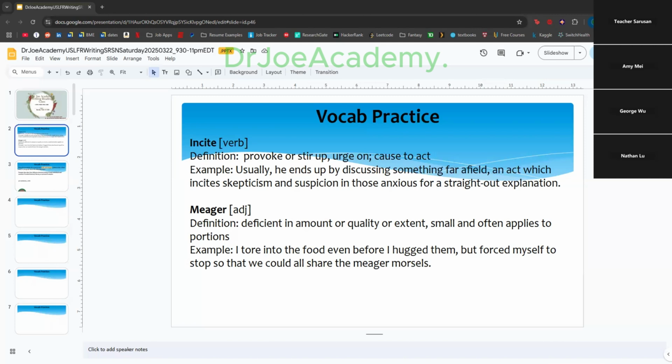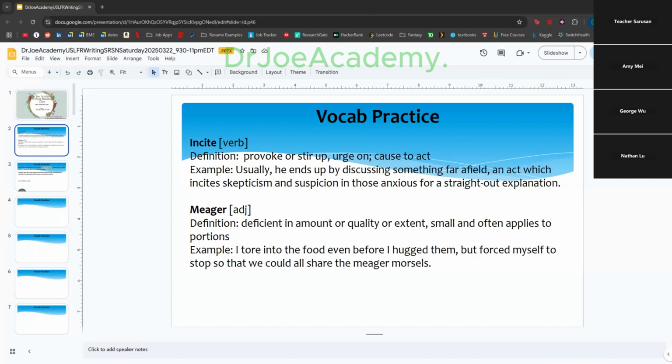All right, nicely done. So incite and meager. Incite is a verb. This is the act of starting something, essentially. So if you are trying to provoke someone, trying to get someone to do something, trying to urge someone to do something, you are inciting whatever action that is.